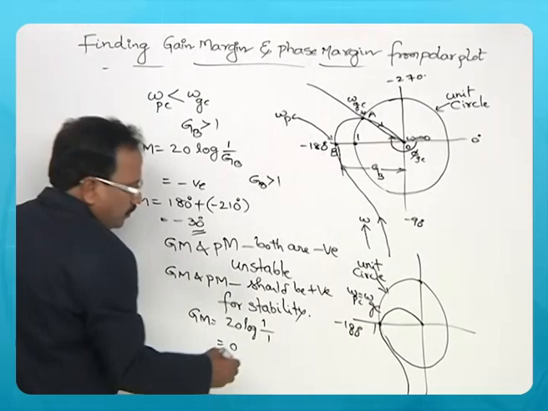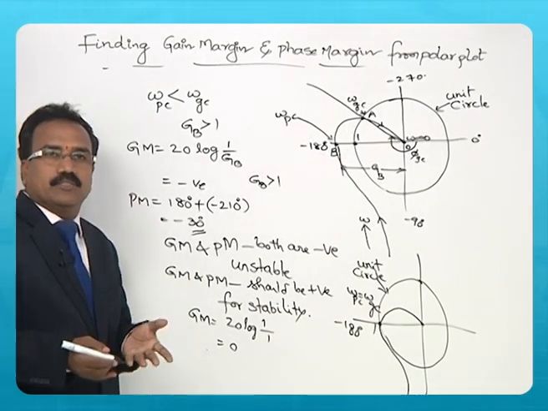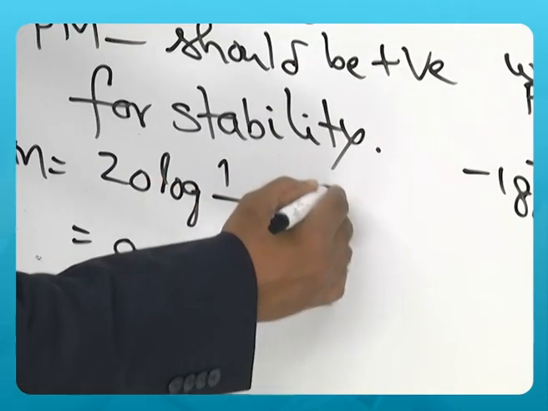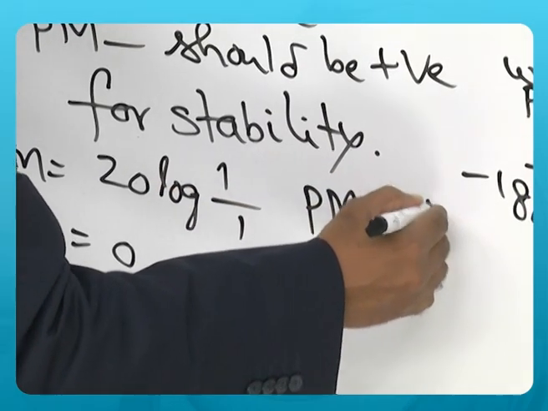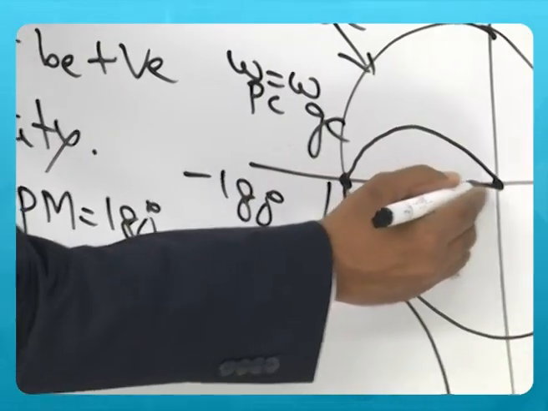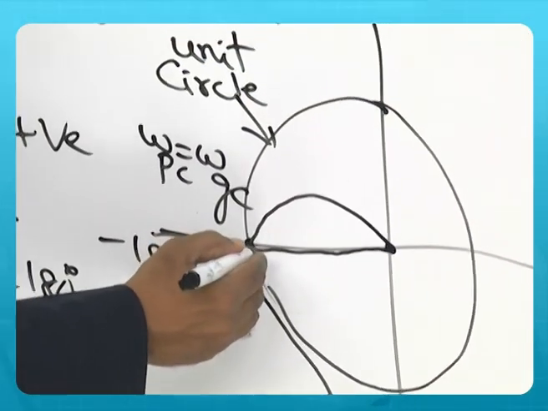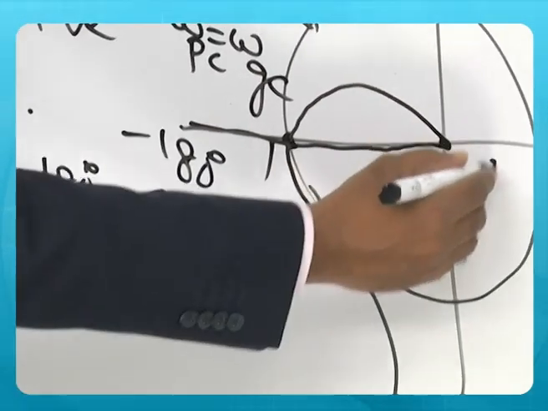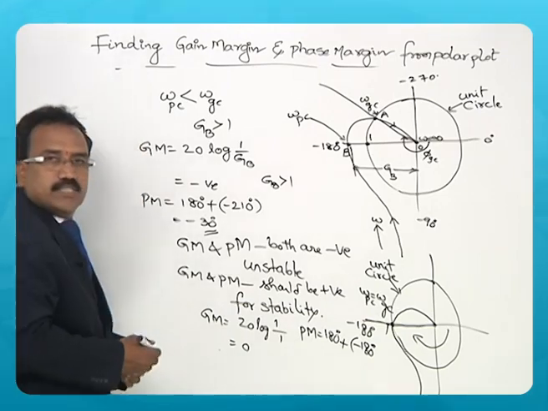So, it is 0, meaning there is no margin. Similarly, the phase margin is 180 plus the phase angle, and it is exactly crossing here at the unit circle, so the phase angle is minus 180 if you measure in clockwise direction.